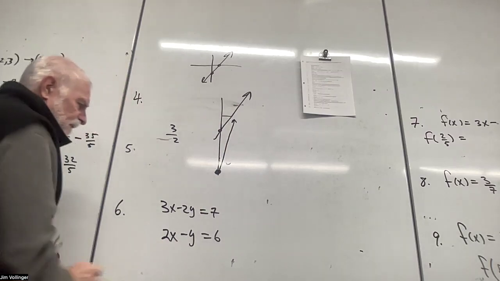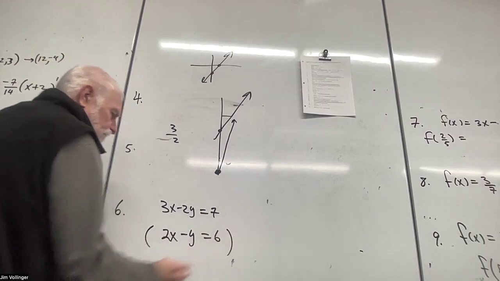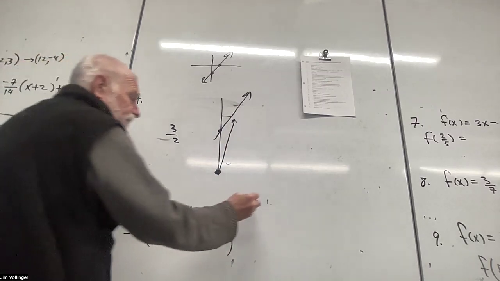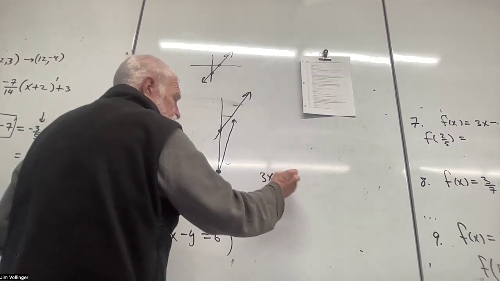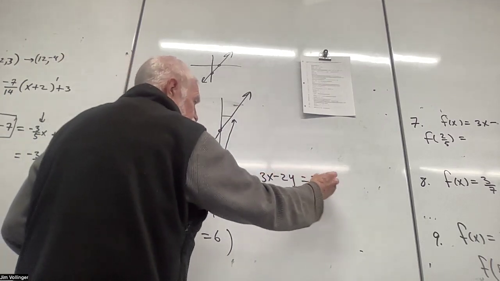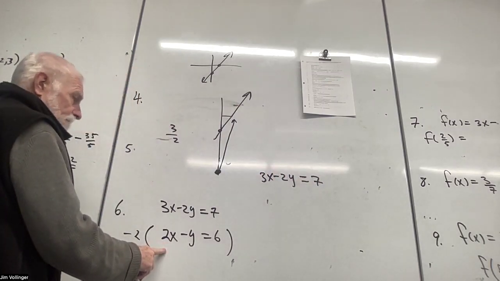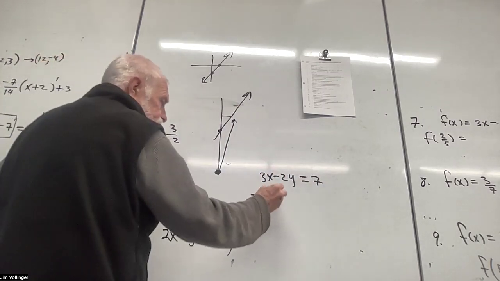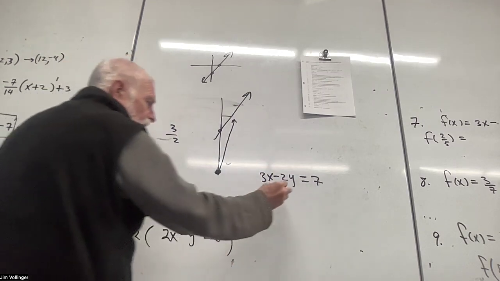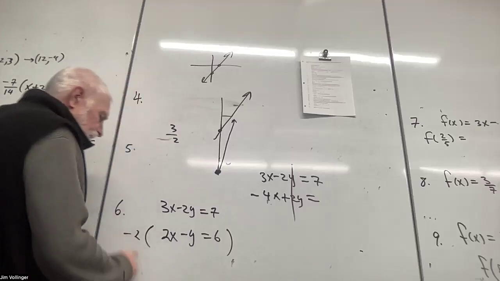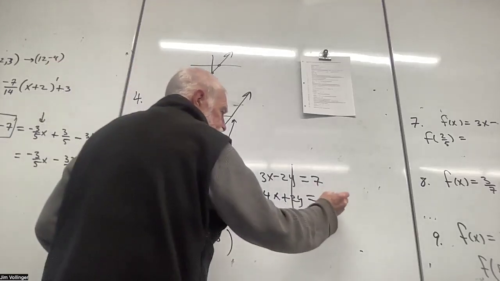Let's solve for x by multiplying this one by -2. So I have 3x minus 2y equals 7. Really easy to make mistakes here because it's such a tedious problem. I've got -4x plus 2y. And if you could keep doing this, you wouldn't even write that column. -12.